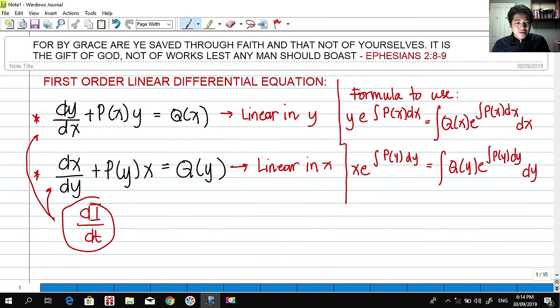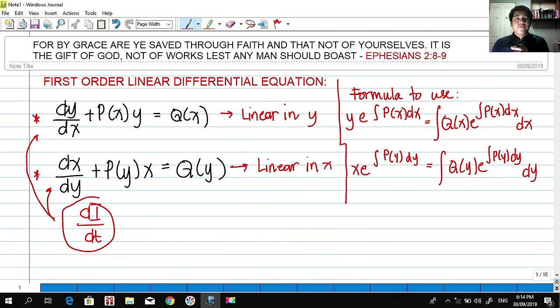It can vary. For example, in a circuit, we have di over dt, where I is the dependent variable and the independent variable is t. For some non-application problems of linear differential equations, of course, we simply use x and y.